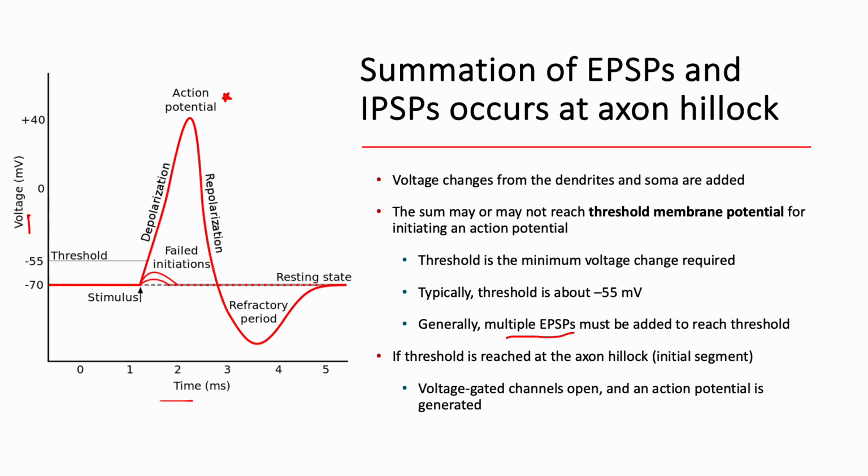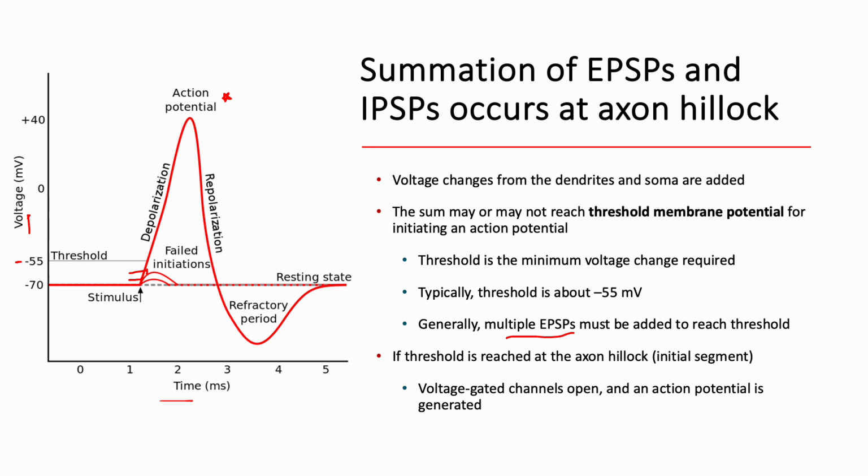So let's say we have a stimulus that is applied here just a little after 1 second. Well, you can see we had all these failed initiations of an action potential. And all that means is we had some EPSPs, but they did not bring us up to this negative 55 threshold. Those EPSPs, when they reached the axon hillock, were not enough to hit negative 55, so we did not have an action potential.